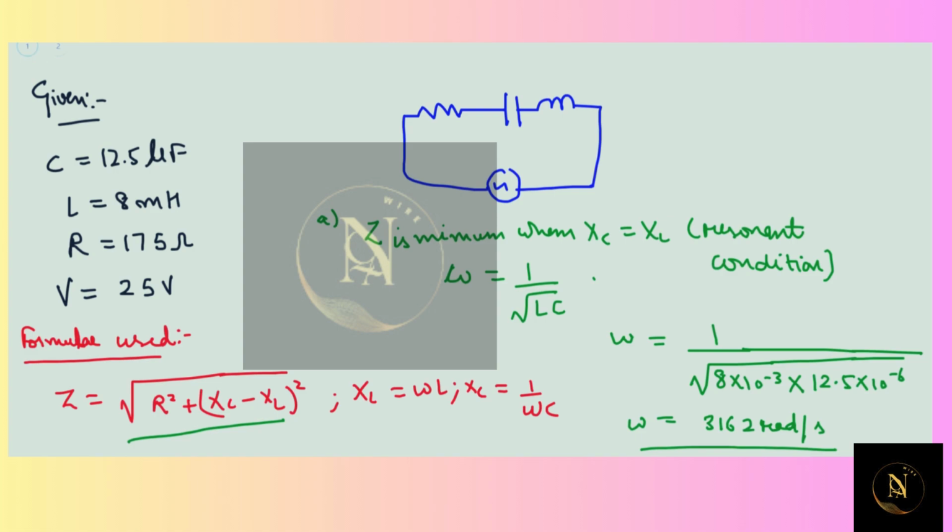So we have Z equals R, which is equal to 175 ohm, and omega is equal to 3162 radian per second.